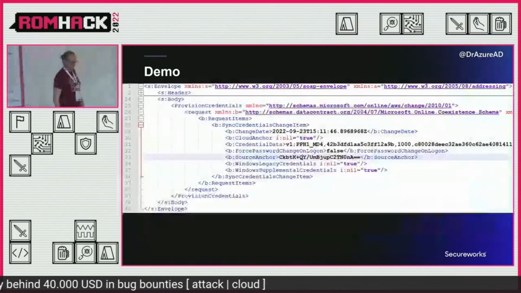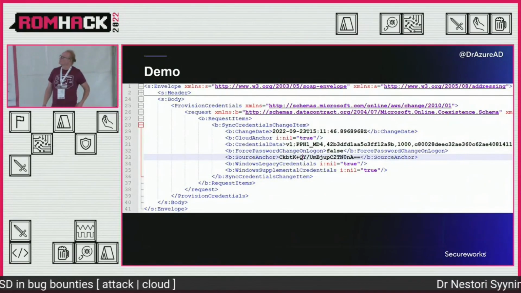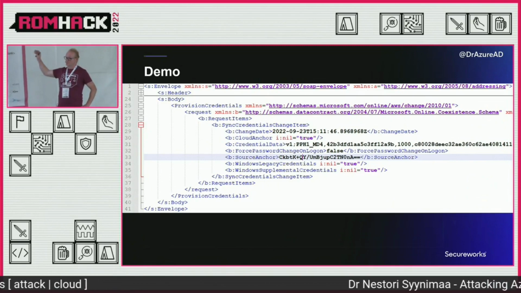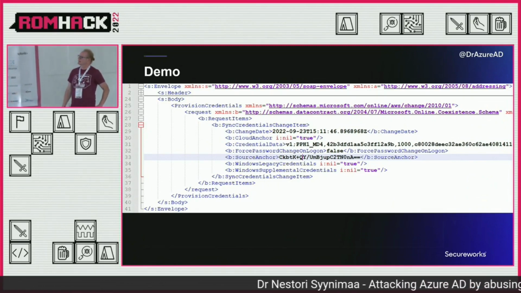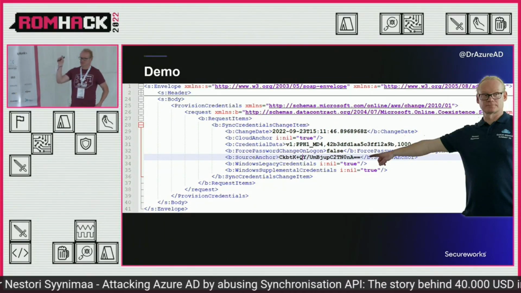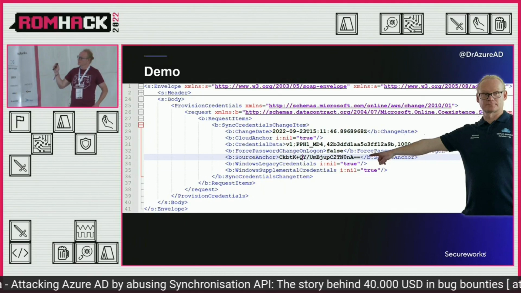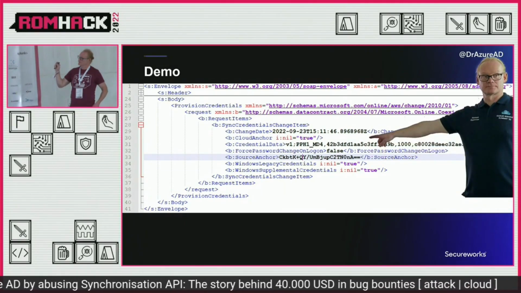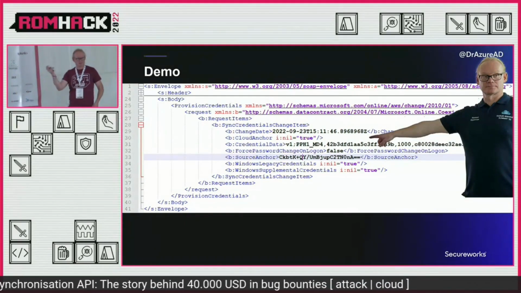And this is how it looks like. So this is the actual SOAP message sent to Azure AD. And what we can see here is the source anchor right here. So that is the immutable ID. But if we go up a bit, we can see that the cloud anchor is empty, but it is there.